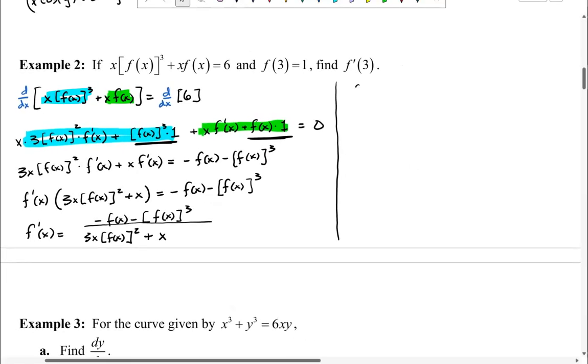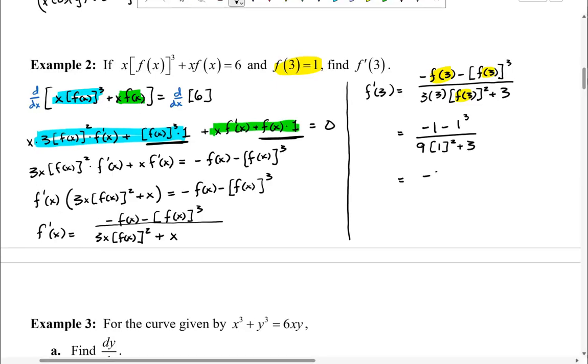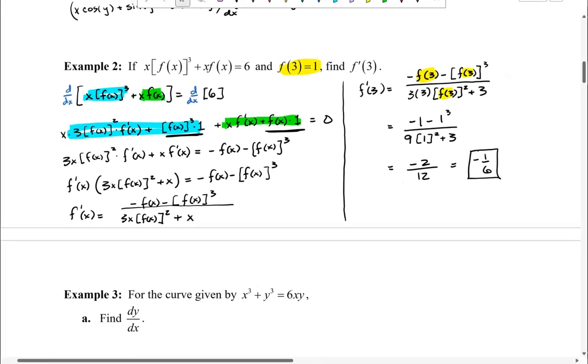Finally, we evaluate this derivative at 3. Using the given information, f of 3 is 1, so that's going to go here, here, and here. And that's it.